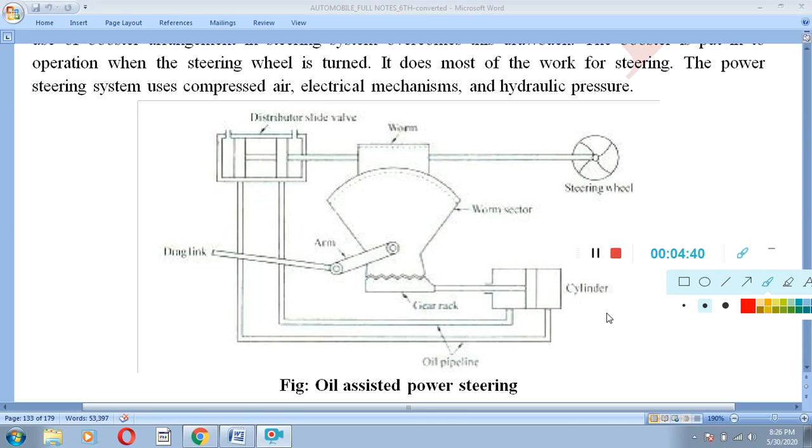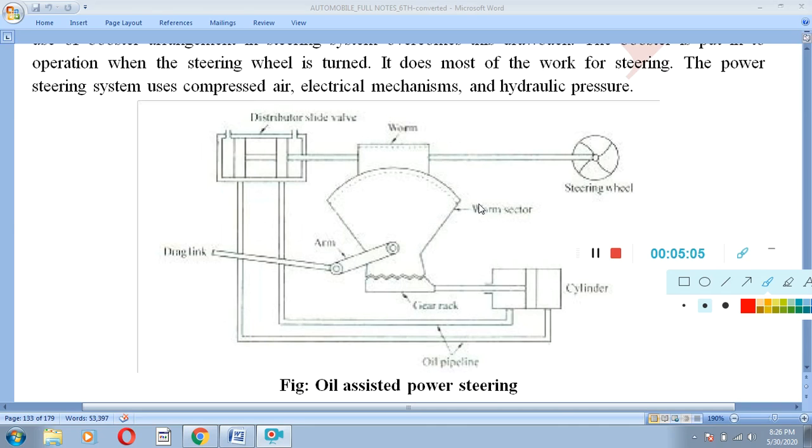The figure shows a simplified diagram of a hydraulic booster. The arrangement consists of a worm, worm wheel, distributor slide valve, booster cylinder, etc. Already I have shown that in the diagram. When the steering wheel is turned, the worm turns the sector of the worm wheel. So here you have the worm and sector.